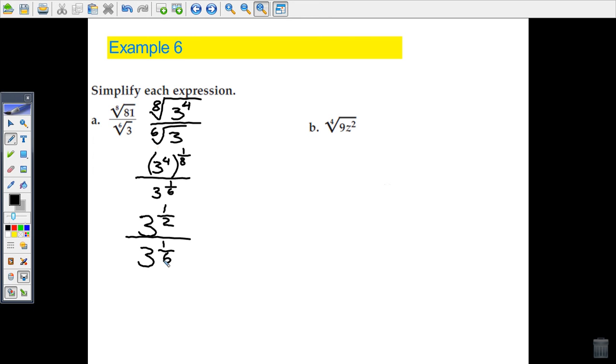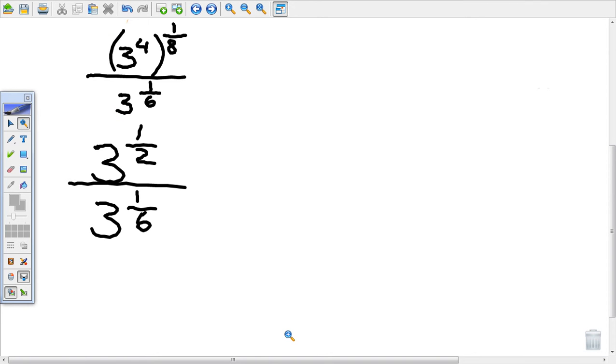So, Katie, what am I going to multiply by to rationalize it? You have some idea. You just didn't quite say it correctly. What am I multiplying by? You mean 3 to the 5/6.